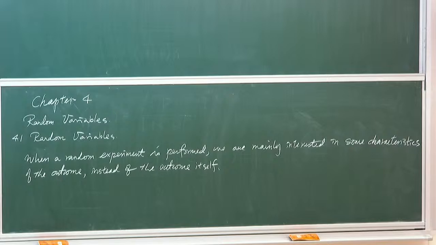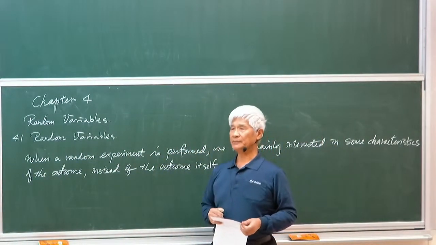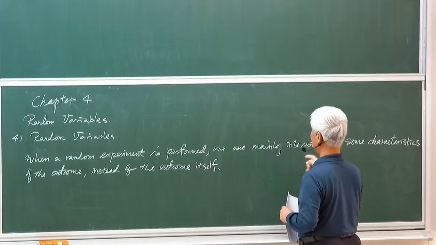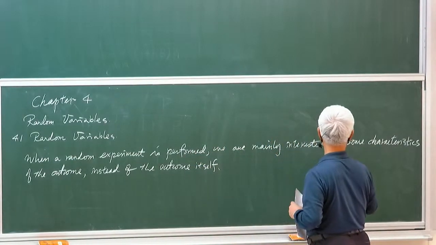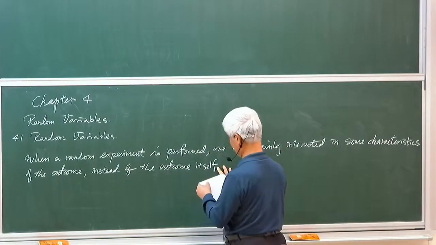So a certain study may focus on some aspect, for example a specific cancer like lung cancer, or a heart attack, or many other diseases. Because a patient's health condition is very complicated, even though we just randomly select a patient, we are mainly interested in some characteristic of the outcome, instead of the outcome itself.